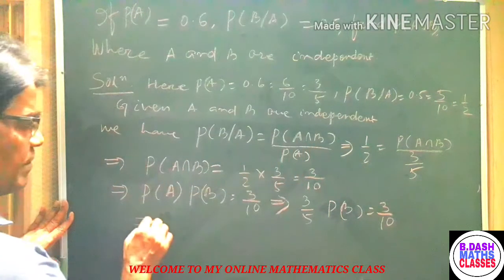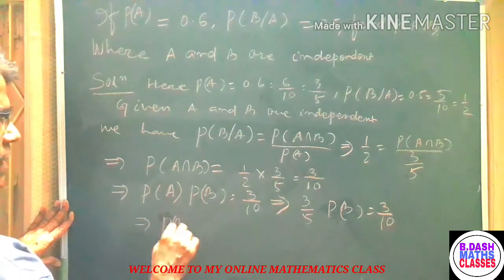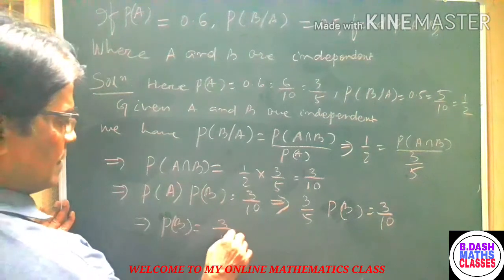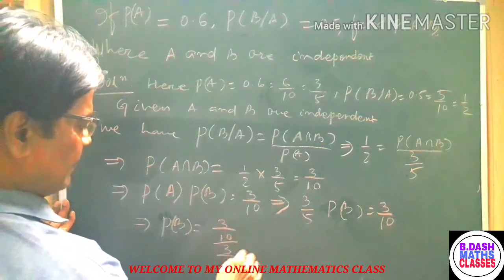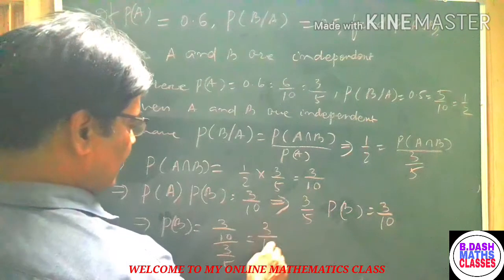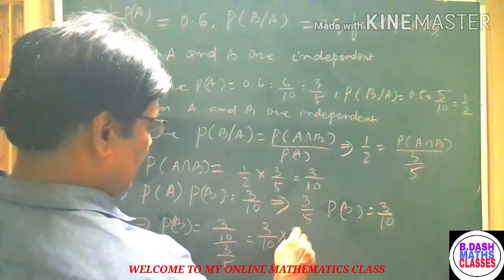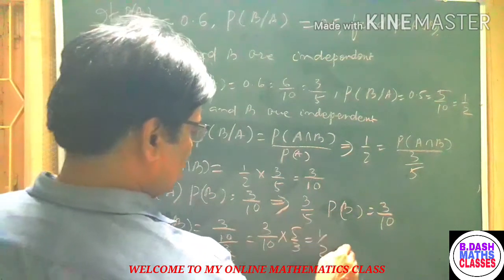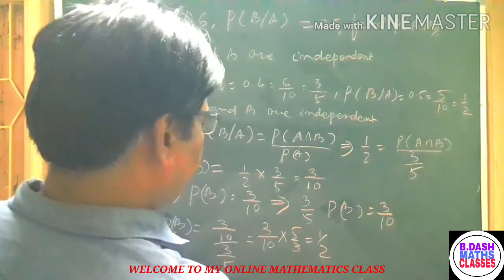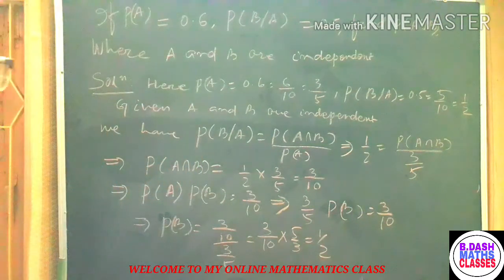So P of B is equal to 3 by 10 by 3 by 5, which is 3 by 10 into 5 by 3. That is equal to 1 by 2. So P of B is 1 by 2 we are getting.